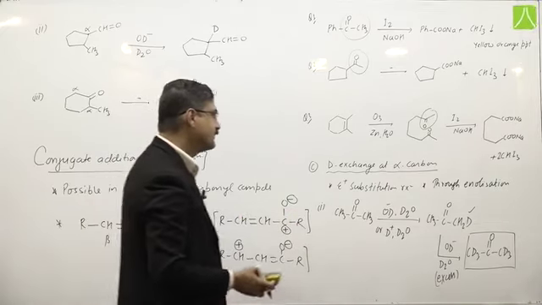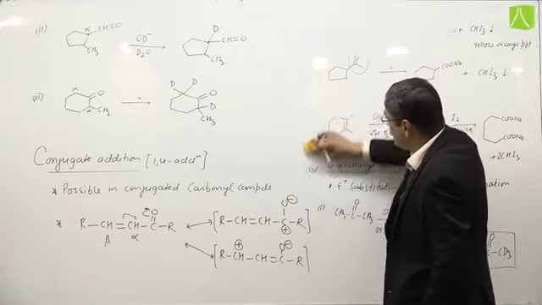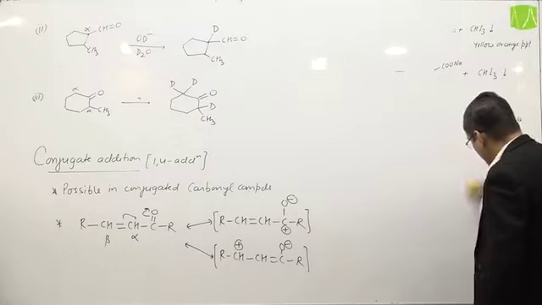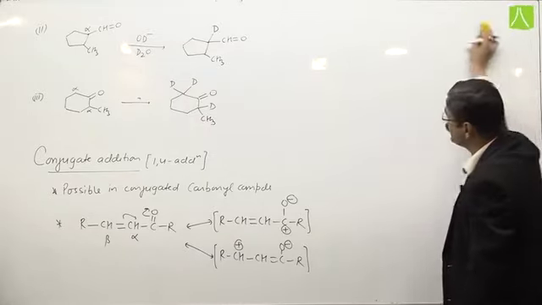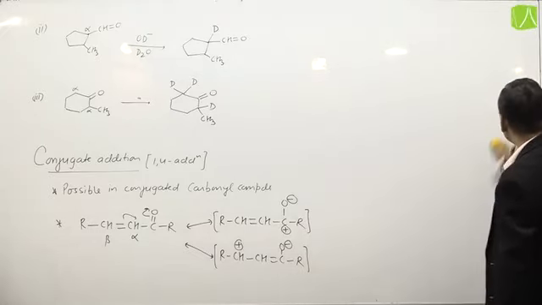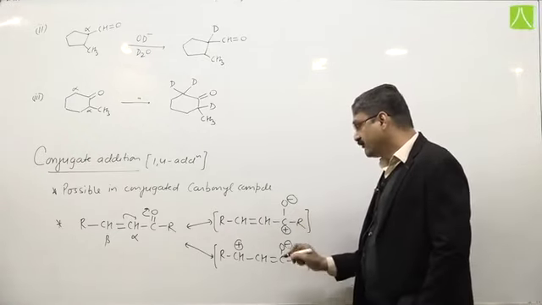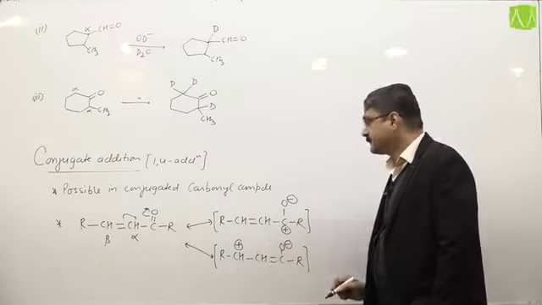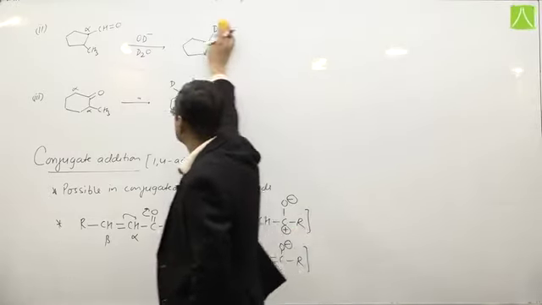So both are possible in this compound depending upon the situations or reagents, which type of nucleophiles are present. So in general, hard nucleophile, hard base prefer 1-2 addition, and soft nucleophile, soft base prefer 1-4 addition. So I classify the examples after the mechanism.